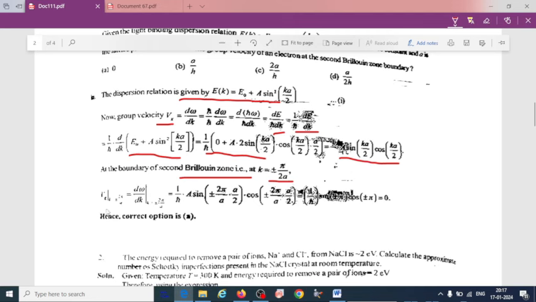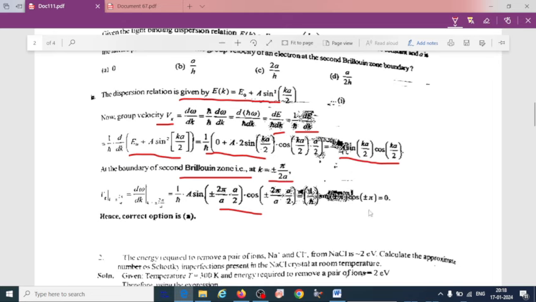If we substitute the value of k in the equation for the group velocity that we have obtained, we will get the answer here, plus pi by 2a.